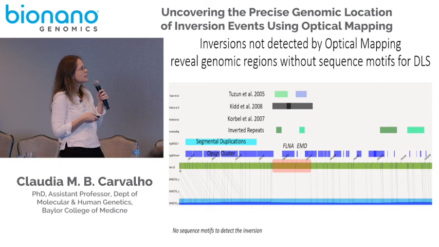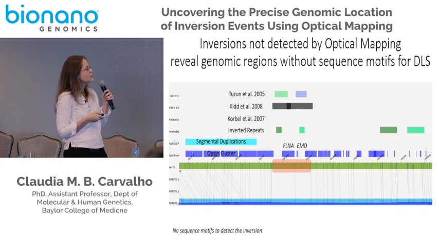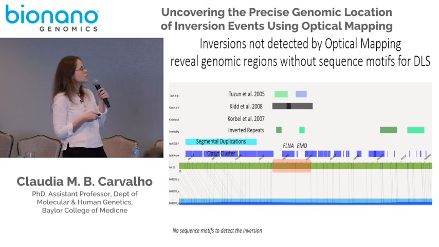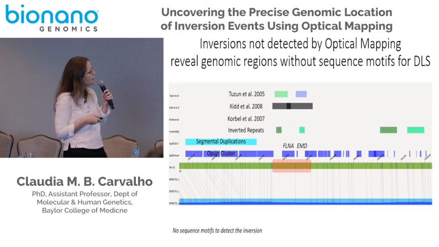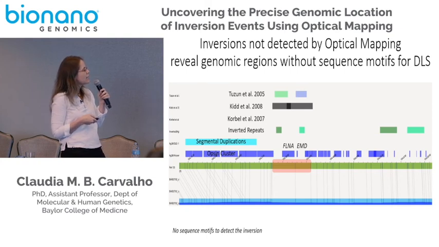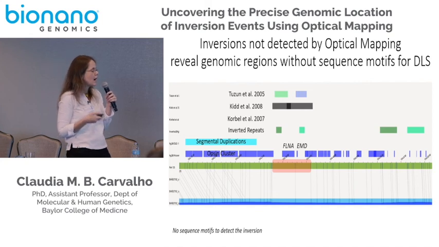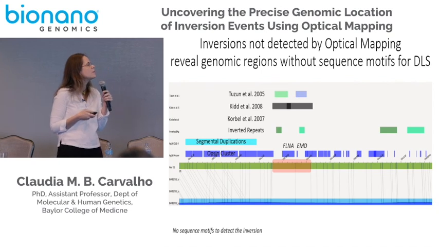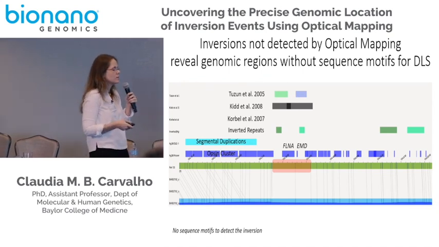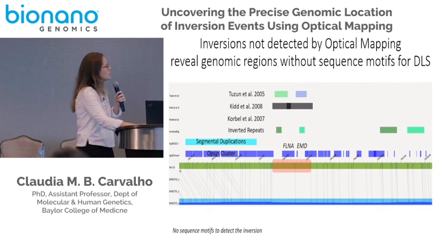We know that the region between these 2 inverted repeats is very important for our patients, and we already confirmed the presence of this inversion using Southern blot. However, with optical mapping, the DLS, there is no sequence motif for the DLE enzyme here, so we could not detect the inversion in these regions. There are regions in the genome that do not have this motif, so there are limitations for this work.